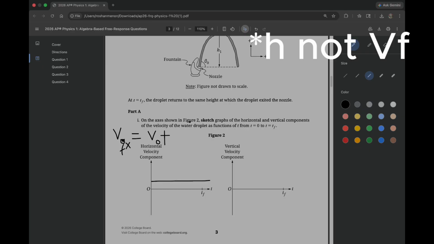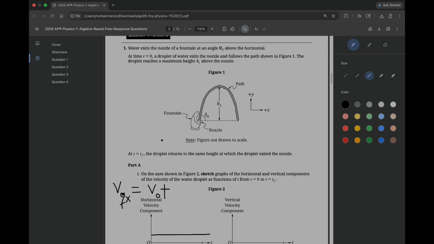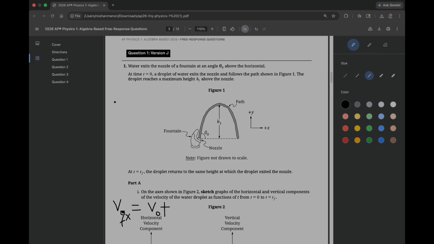But vertical velocity, on the other hand, is represented by vy.